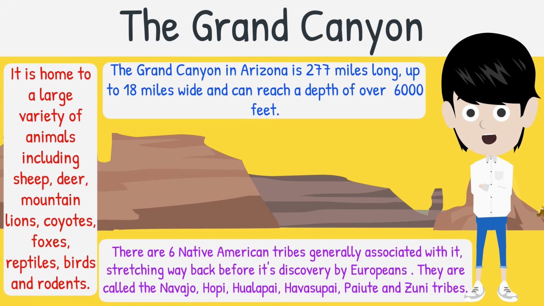There are 6 Native American tribes generally associated with it, stretching way back before its discovery by Europeans. They are called the Navajo, Hopi, Hualapai, Havasupai, Paiute, and Zuni tribes.